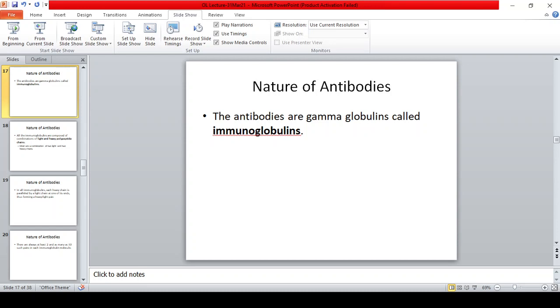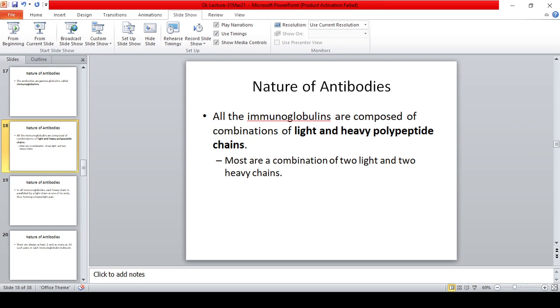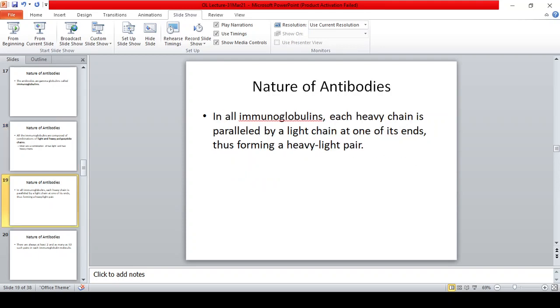Antibodies are the gamma globulin fraction of the plasma proteins, and they are called immunoglobulins. All the immunoglobulins are composed of combinations of light and heavy polypeptide chains, and mostly they are a combination of 2 light and 2 heavy chains, but we do have heavier antibodies also.